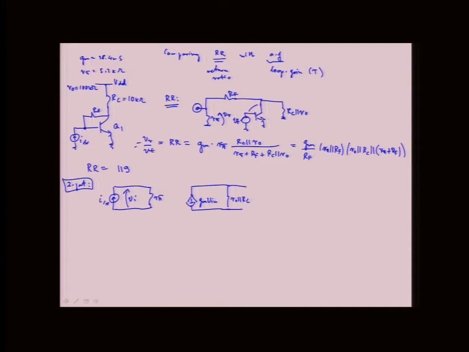And then I have here, from the feedback, we kind of did this, we had RF, and then the source was also minus 1 over RF times VO.